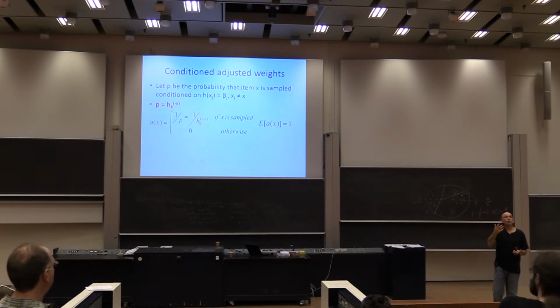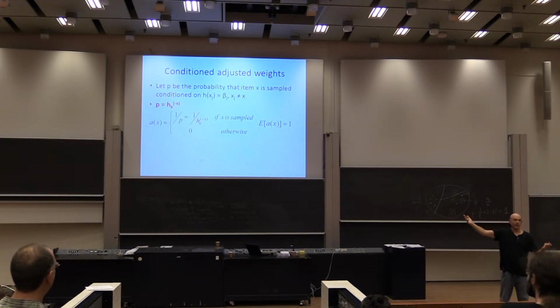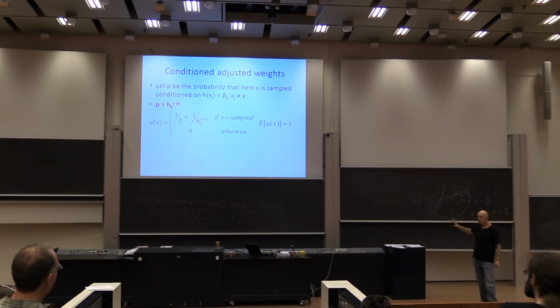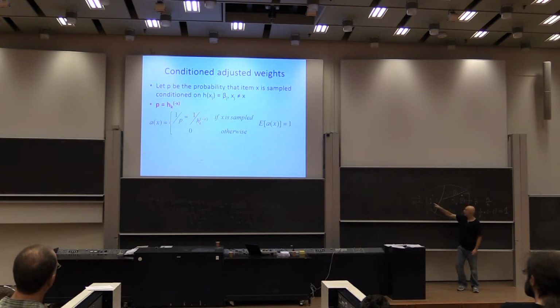Now, I don't know the overall P, because I don't know N. But I almost know P, conditioned on my sample being in this subset. Right, what is it? It's this number, right? If this is 0.7, then remember, my hash values are uniformly random in 0, 1.